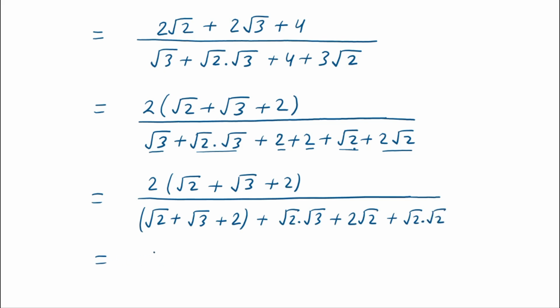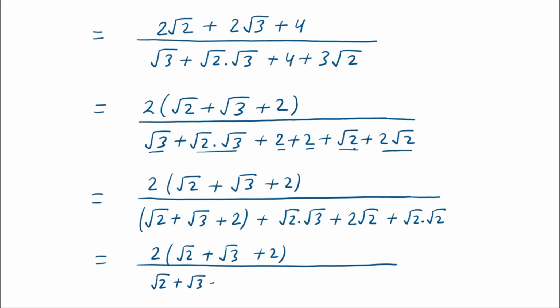Now in the numerator 2 times square root of 2 plus square root of 3 plus 2, and in the denominator square root of 2 plus square root of 3 plus 2, and here square root of 2, square root of 2, square root of 2. Square root of 2 is a common factor. If we take common square root of 2, then you will get square root of 3 plus 2 plus square root of 2.